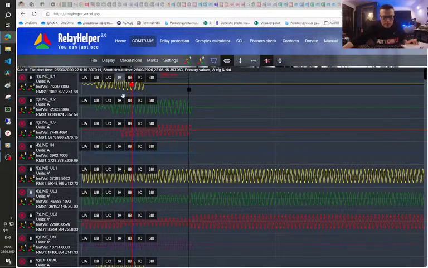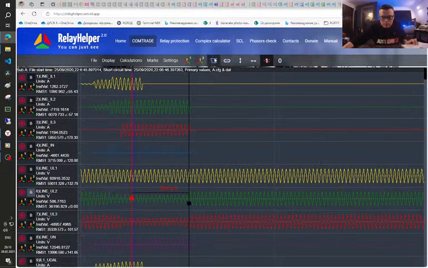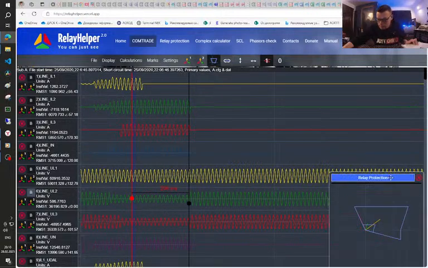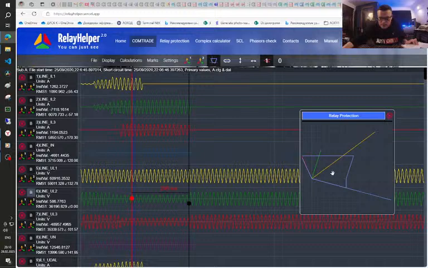So this is our phase A current, phase B, phase C, voltages. And we can see that the first zone can't operate.